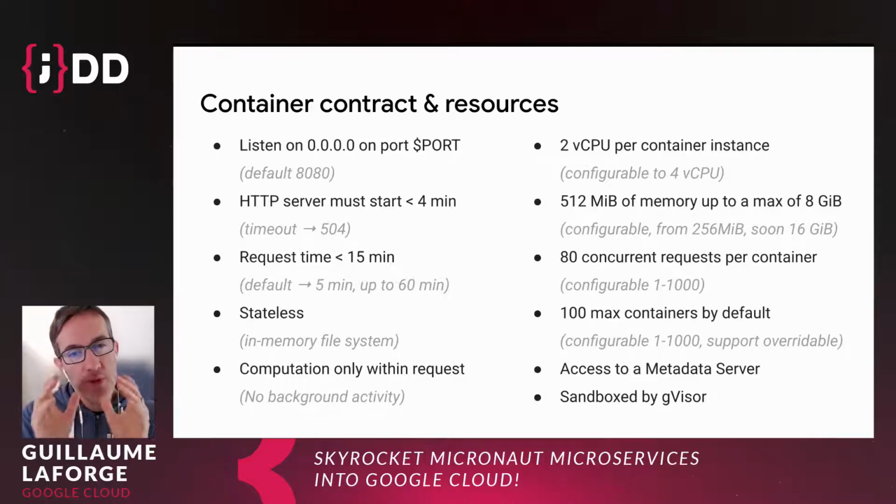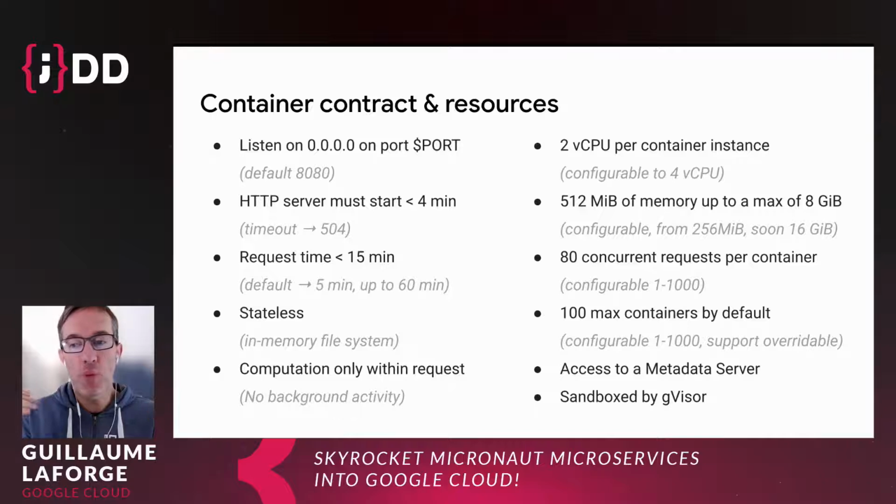In terms of contract for your container, you should listen on 0.0.0.0 on the $PORT. Your application shouldn't take too long to start. What else? You've got 2 vCPU by default, I think, half a gig of RAM, but you can go up to 8 or 16.